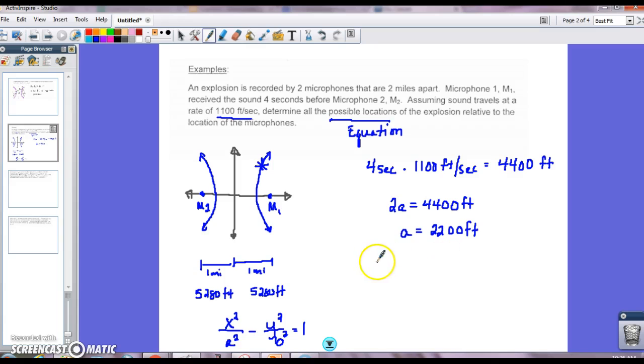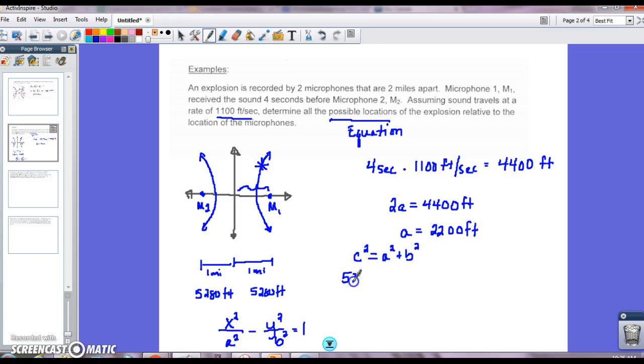Now, the other piece I need: I know what a is, so I know what a squared is, but I don't know what b is. However, I do know c, because remember c is this distance here, and I know that's 5,280 feet. So I can go ahead and do c squared is equal to a squared plus b squared. That's our formula when finding the equation of hyperbolas.